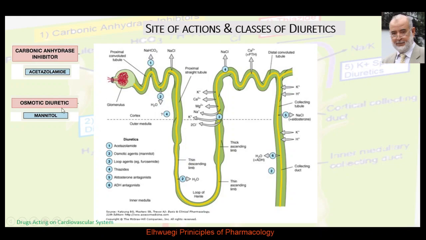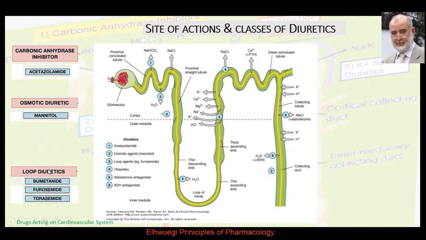The second group is known as osmotic diuretics, and the prototype is mannitol. They act on the proximal tubule and on the collecting ducts. So mannitol, an osmotic diuretic, acts at two places, the proximal tubule and the collecting ducts.